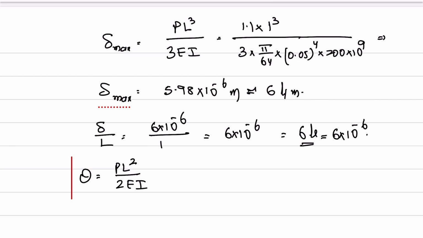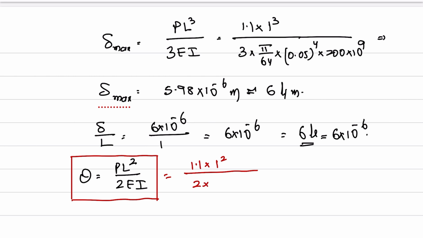Depending upon the type of the loading and the type of the beam, the formula will change. Then P is 1.1 into L square, which is 1 square, divided by 2 into E, which is pi by 4, 64 into 0.05 to the power of 4 into 200 into 10 to the power of 9.